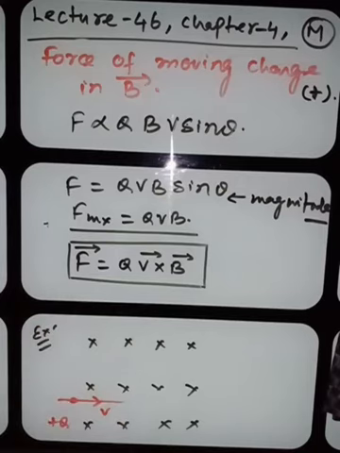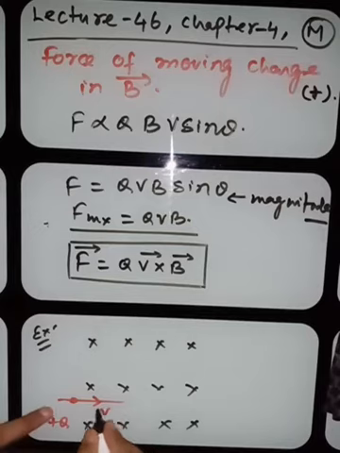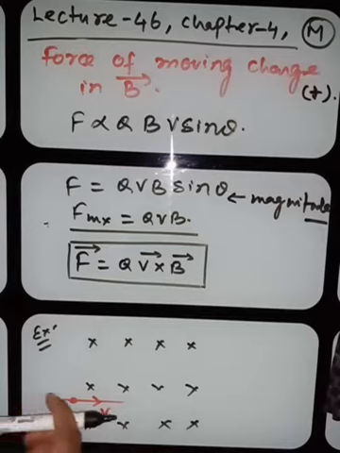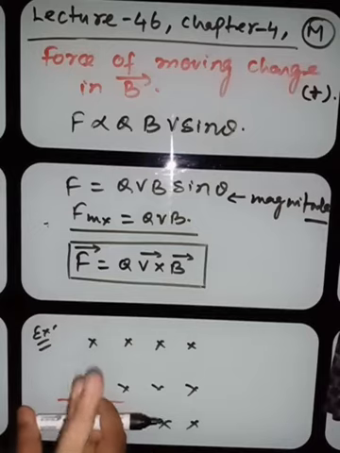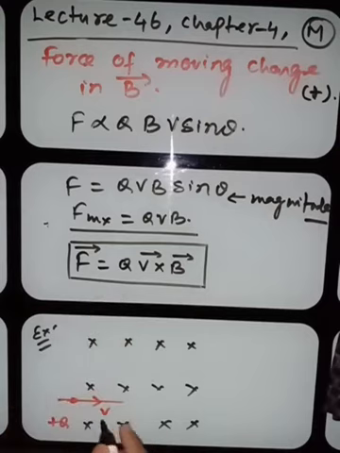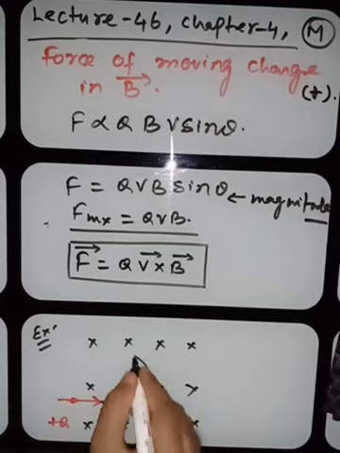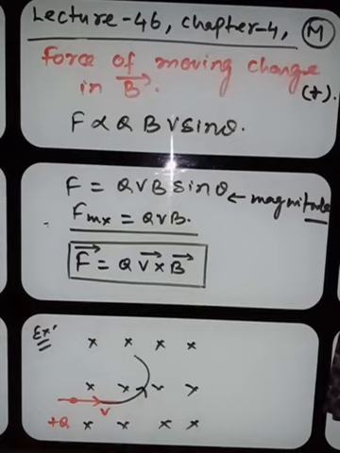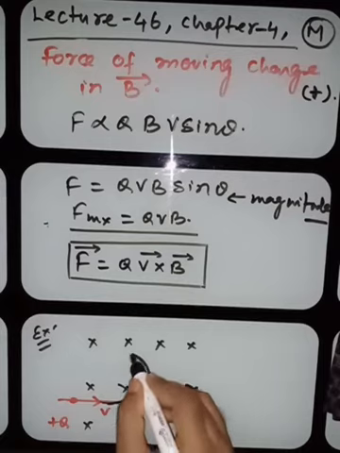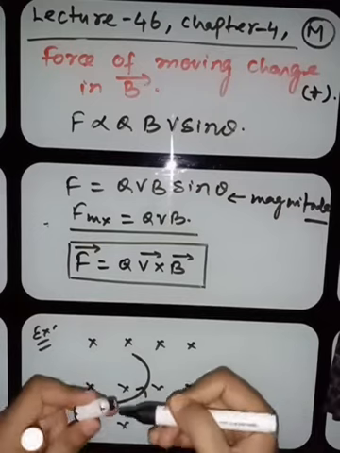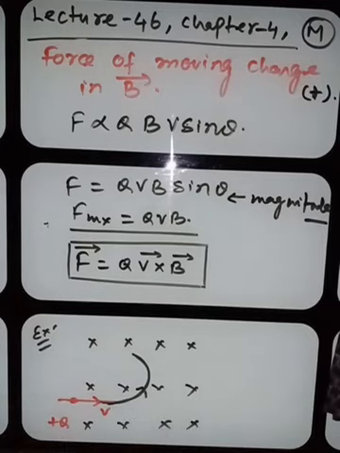It means the charge will experience a force in the upward direction, and if the charge is going in this direction and a force is acting in this direction, then what will happen? It will start moving in this way. All right. Why I have made this a circle, I will explain later, but the next example.